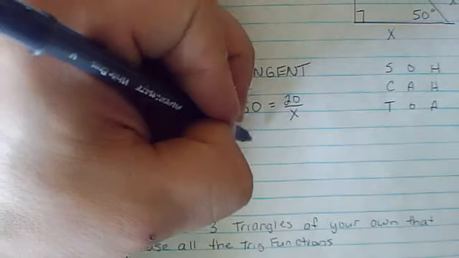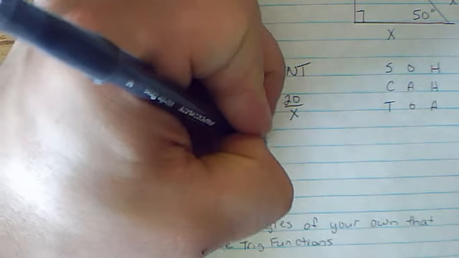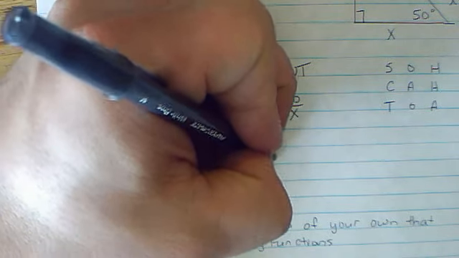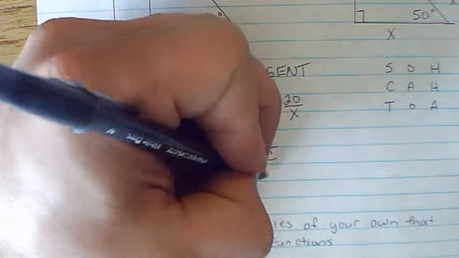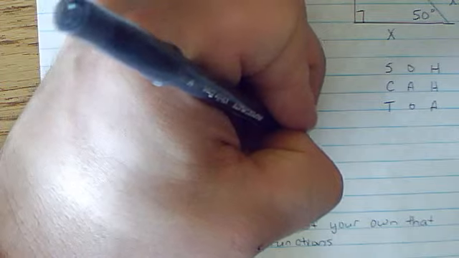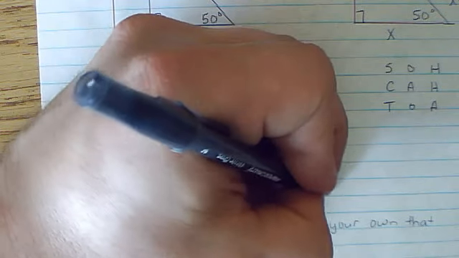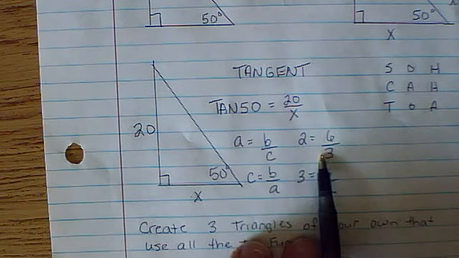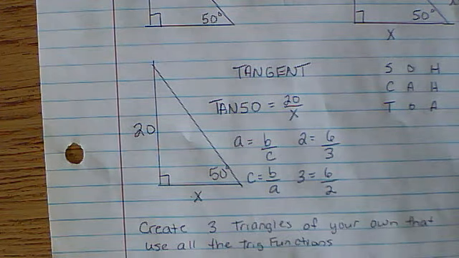Now, also in class we talked about the property that if A equals B over C, then C equals B over A. And we gave the example that if 2 is equal to 6 over 3, then that means that 3 is equal to 6 over 2. I just flip-flopped what was to the left of the equal sign and my denominator.